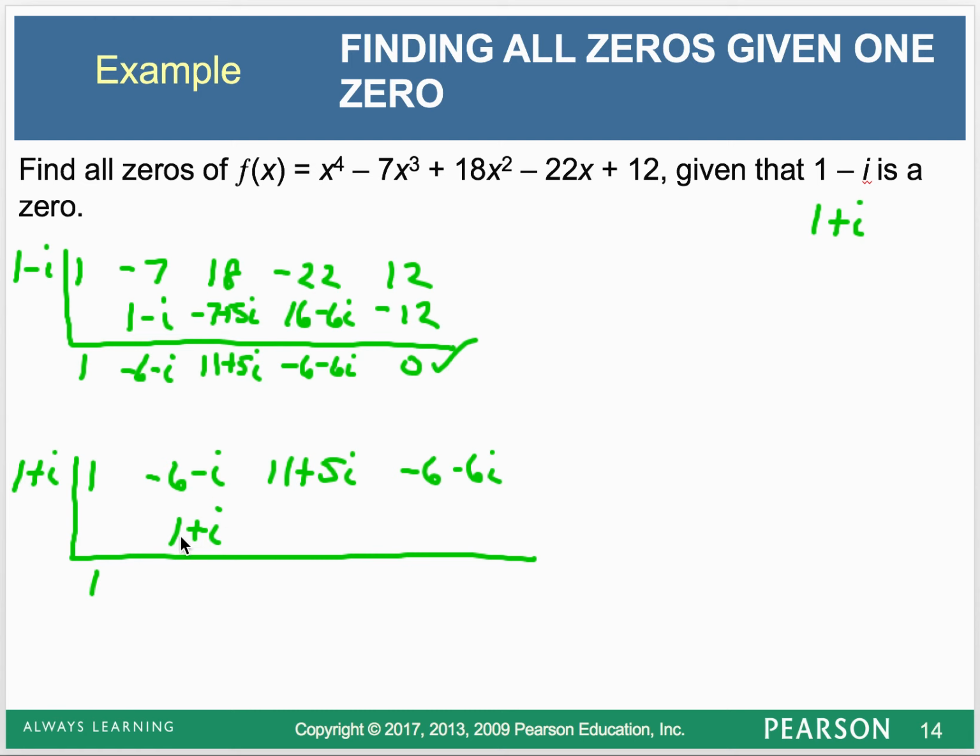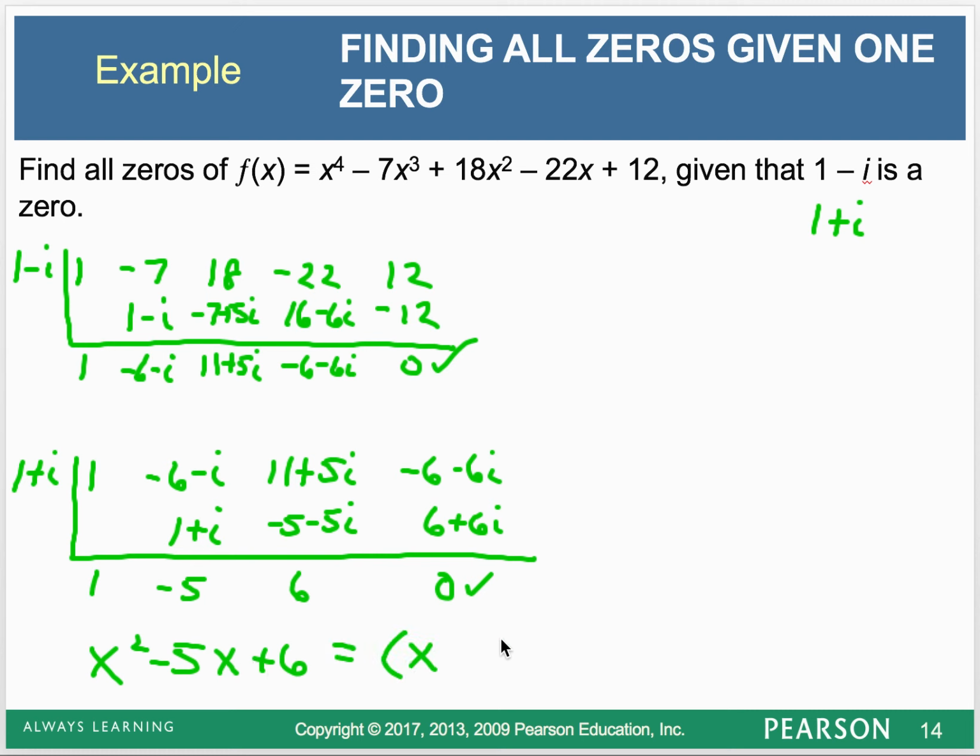So negative 6 plus 1 is negative 5, and that's 0. So this is negative 5 minus 5i. Oh, that's 0 again. 11 minus 5 is 6. So 6 plus 6i. Oh, 0, 0. Yay! And look what I'm left with. x squared minus 5x plus 6, which we can now factor.